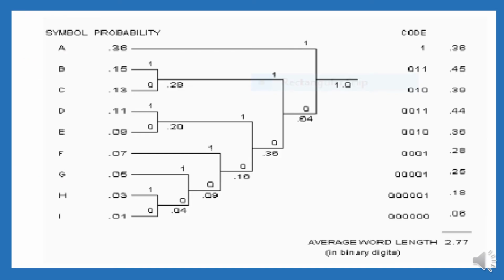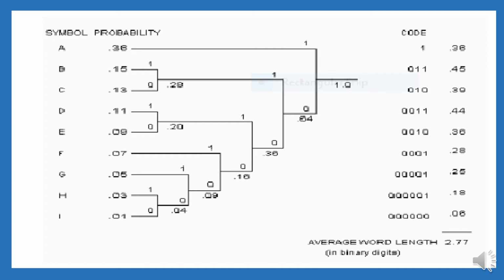We will do one problem. Here the symbols are, you write the symbols like this, A, B, C, D, E, F, G, H and I, and now you write the probabilities. The first step is you add the probabilities with the lowest values.